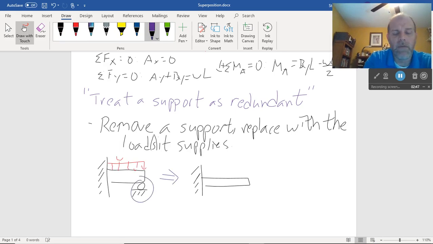I decide to knock out that roller support, right? So instead of drawing a roller support on this, I'll draw in my force By.